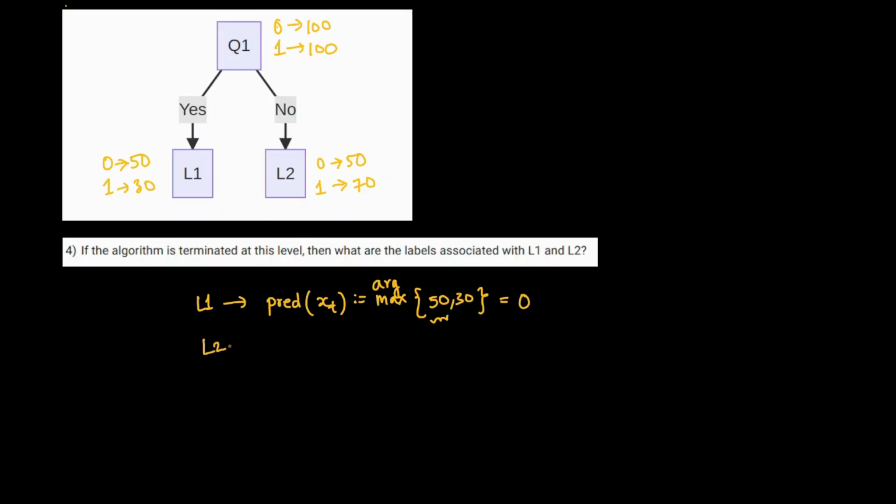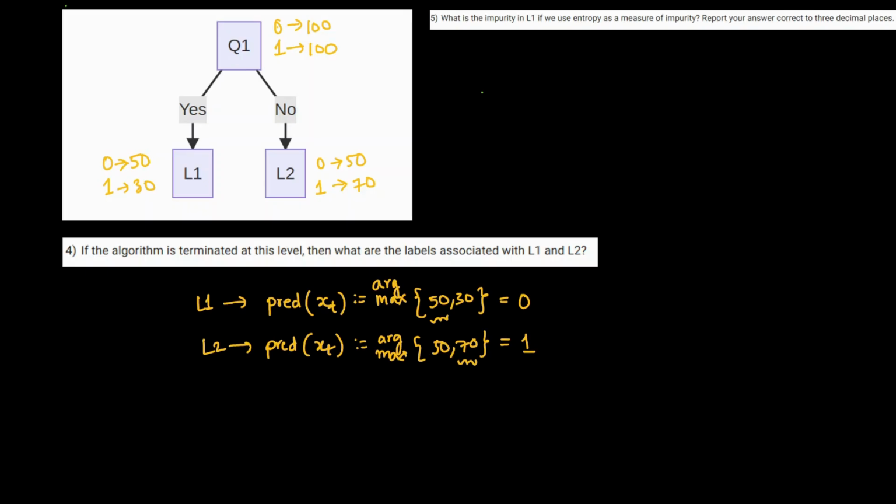Similarly for L2, it's the argmax of 50 and 70, but here 70 is greater than 50, so this will be assigned the label 1. So whenever there is a new data point, the label associated with L1 is 0 and the label associated with L2 is 1.